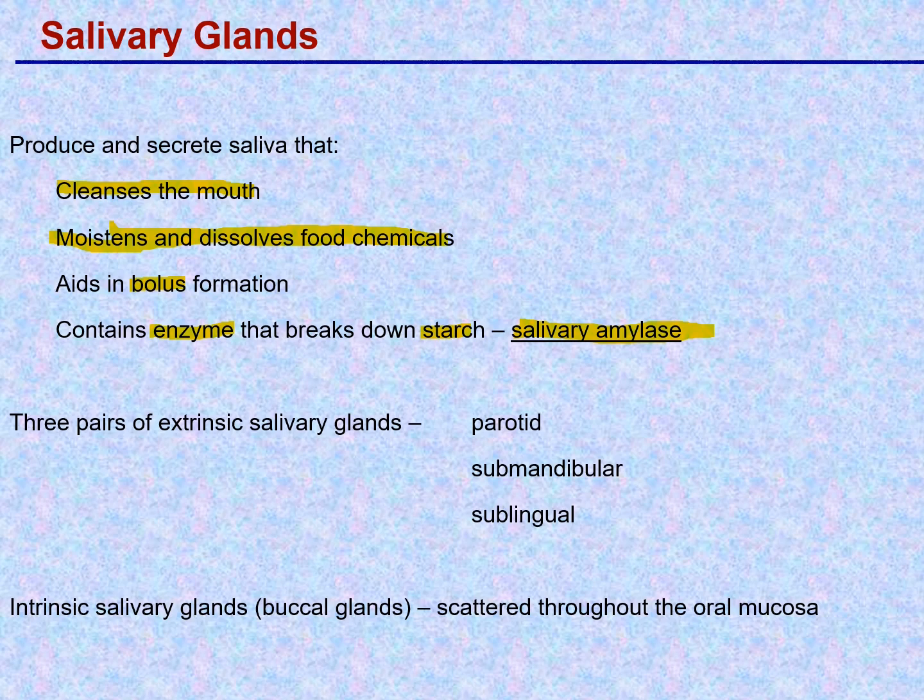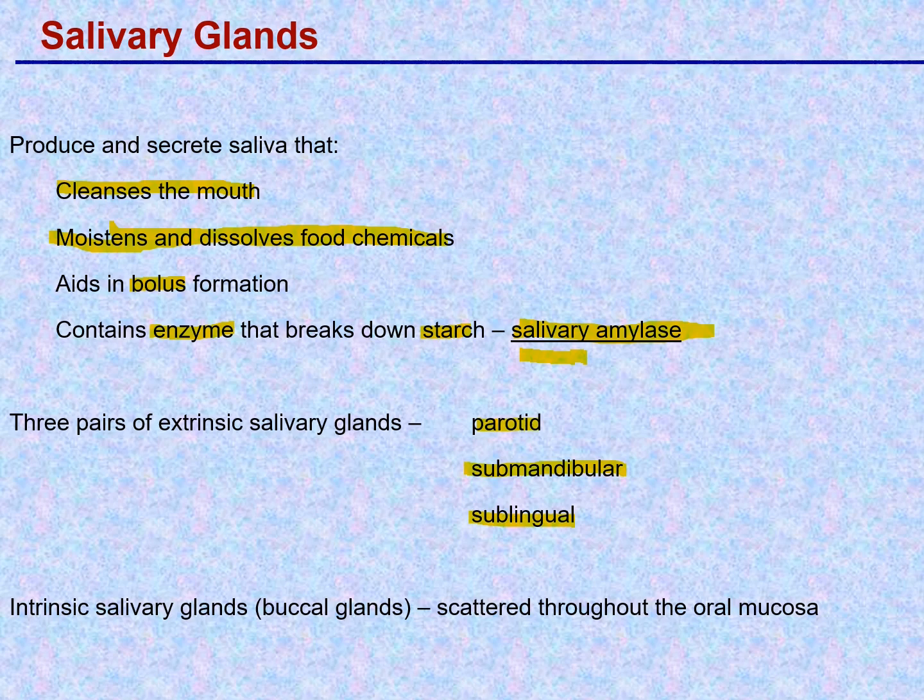The reason it's called salivary amylase is because there's another amylase that comes from the pancreas called, not surprisingly, pancreatic amylase. There are more than just 2 salivary glands. In fact, there are 3 different pairs of salivary glands: the parotid, the submandibular, and the sublingual.